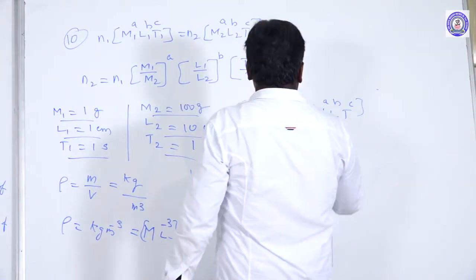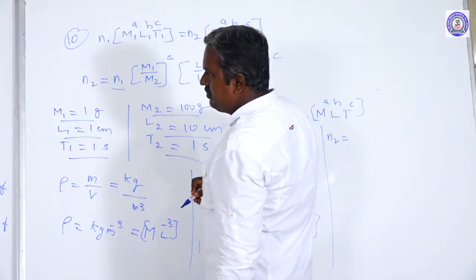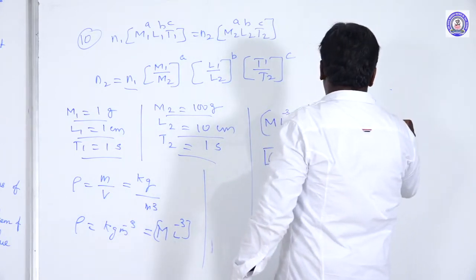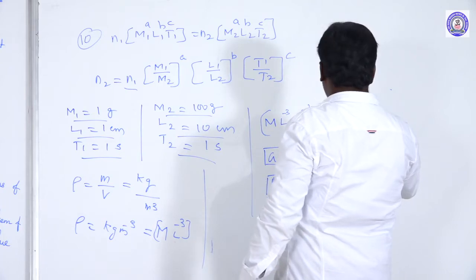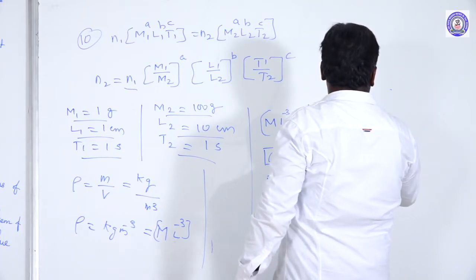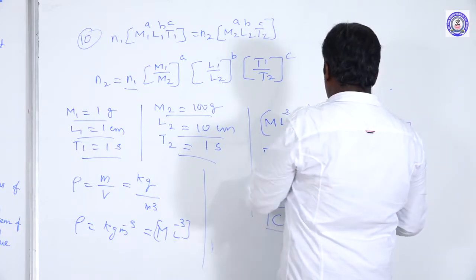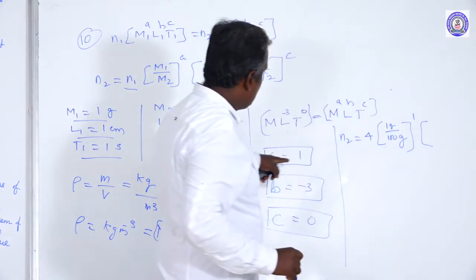Now N2 is equal to N1, how much? 4. And M1 by M2, what is M1? 1 gram. M2 is 100 gram. Power 1, because a is equal to 1.